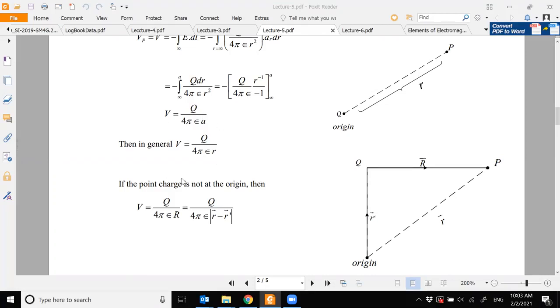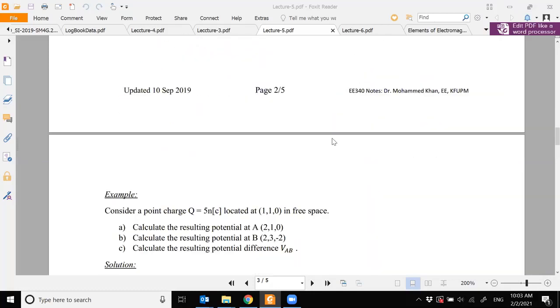But the potential is 1 over r. So the electric field falls quickly compared to the potential. The potential falls as 1 over r as you move away from the charge, whereas the electric field falls as 1 over r square.